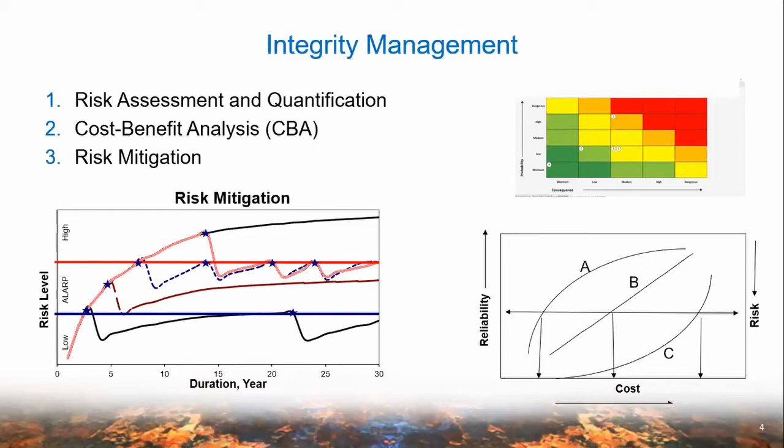For instance, if we implemented the mitigation strategies when the risk moves from low to the alert level, that is as low as reasonably possible level, then we can keep the pipeline operating at low risk level, that is in the green or greenish yellow color.